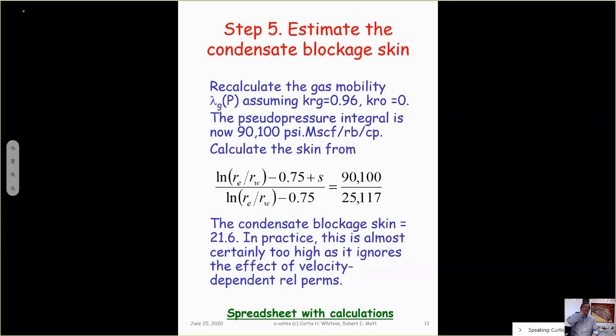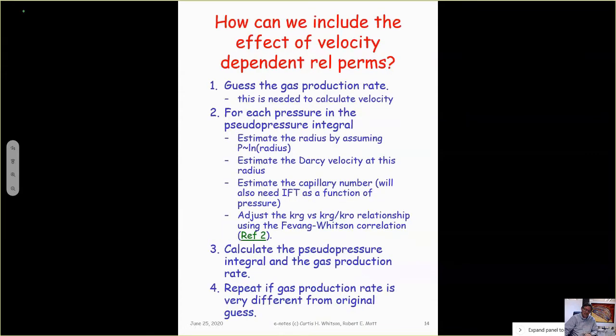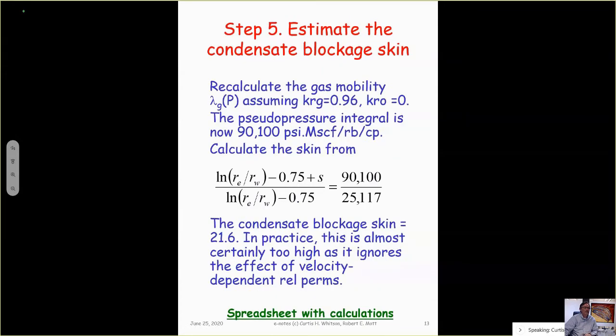Probably 3 times as much rate as you should. And if you do this calculation for future years, like this is for 3 years, then if you do that for 5 years, 10 years, then you will see that the skin will be dropping. Will be dropping, yeah. That's right.